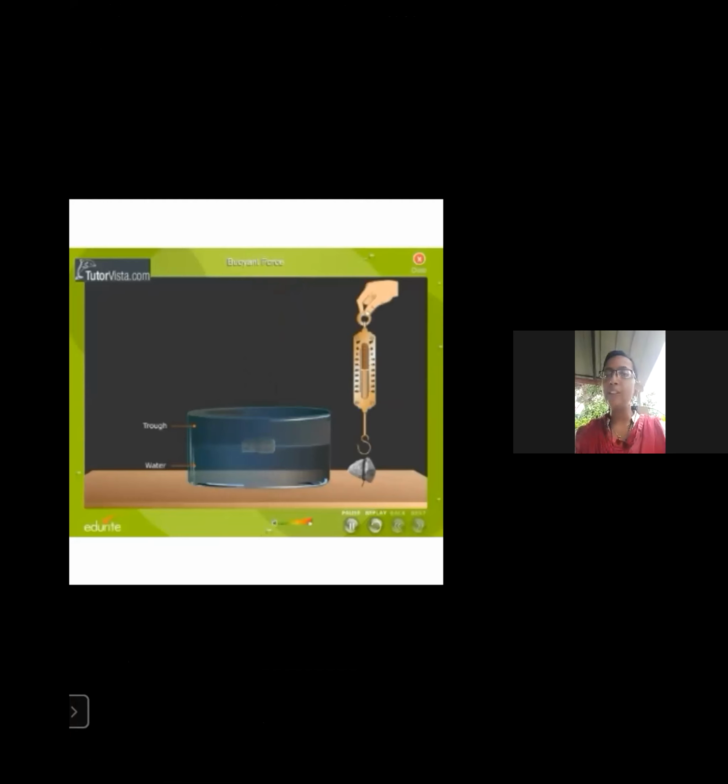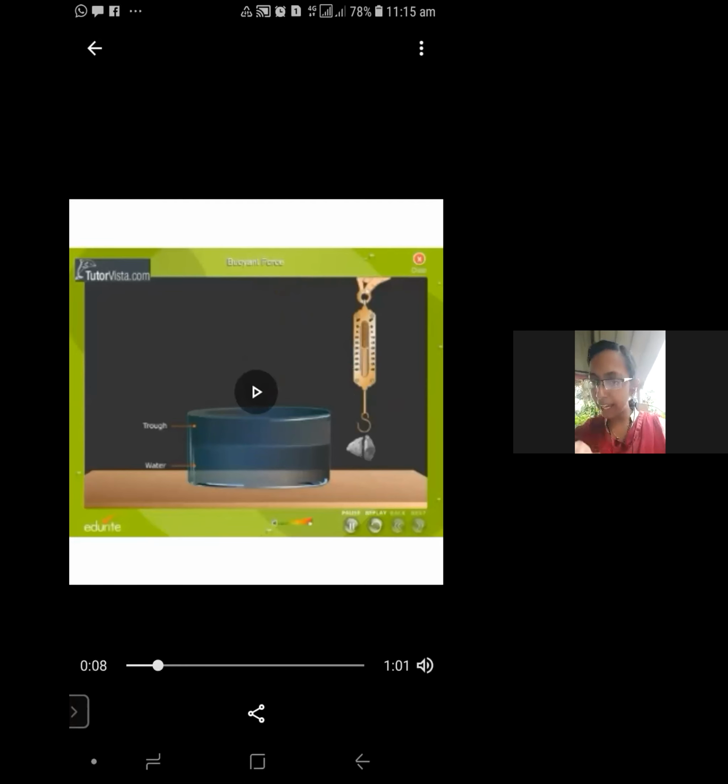Yes, here we have to observe the weight of the stone in particular situations. Here we have shown 20 gram in the initial position. It is placed in air, and we notice the weight as 20 gram.